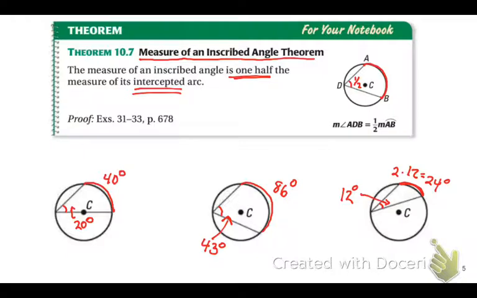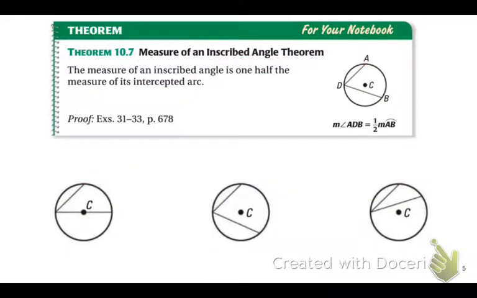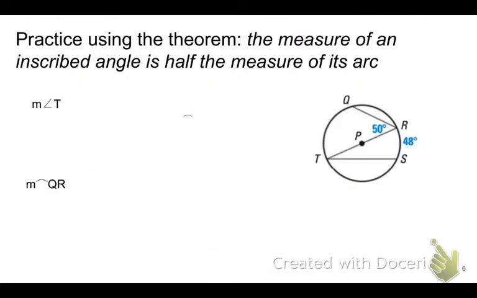Okay, so let's practice using it. Again, we're using the theorem that says the measure of an inscribed angle is half the measure of its arc. So in this first one, it's asking for the measure of angle T. Okay, and the measure of its inscribed angle is 48.